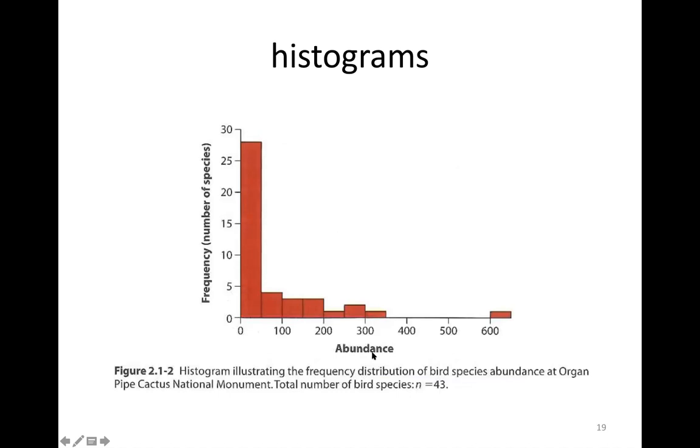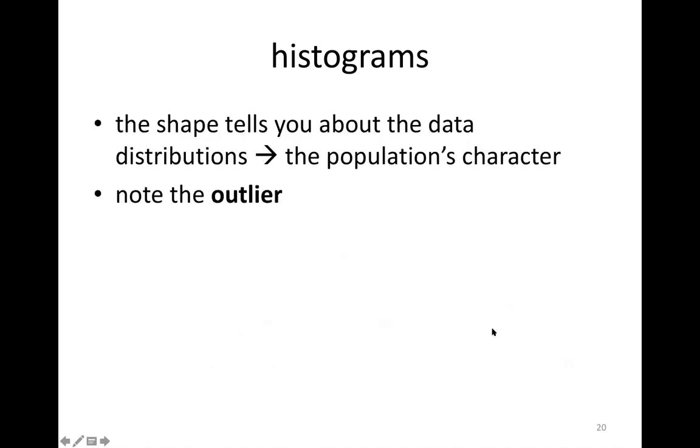How many times, sorry, the abundance per species: how many times the species has been observed in this national monument park during 4 surveys. So 28 species have been observed between 0 to 50 times, and then 4 species have been observed 50 to 100 times, etc. And then we have one kind of outlier species.